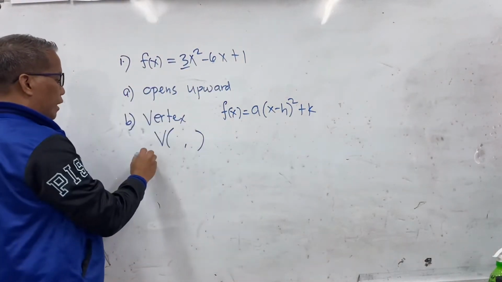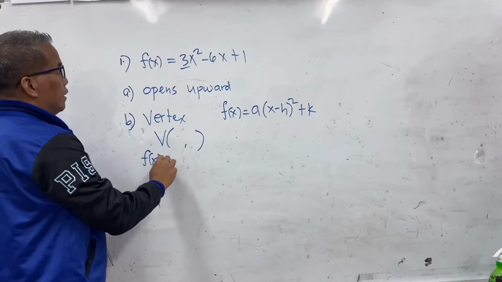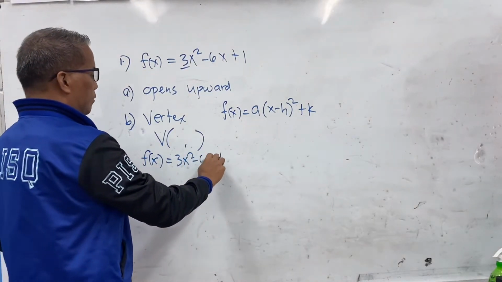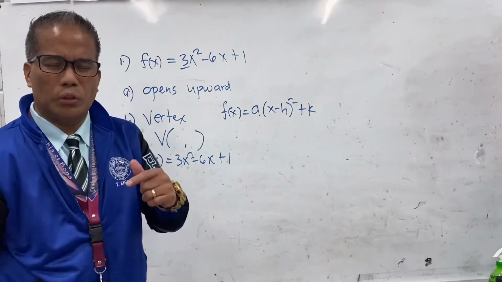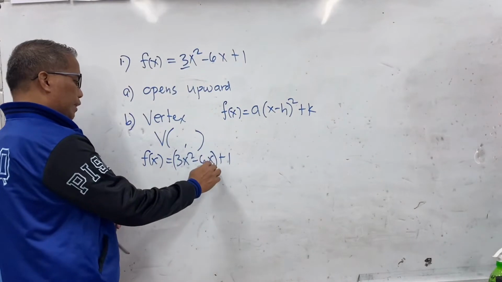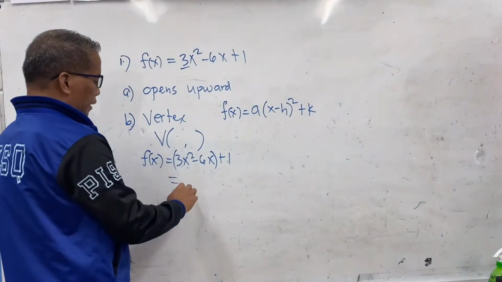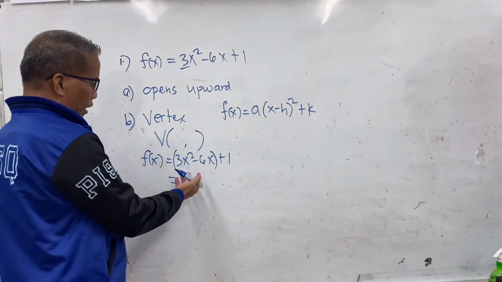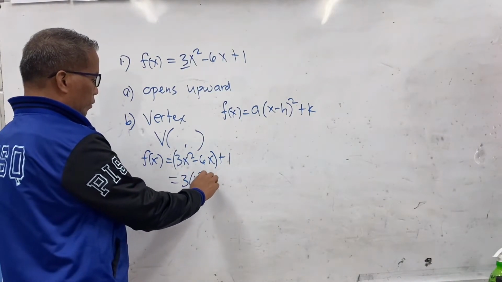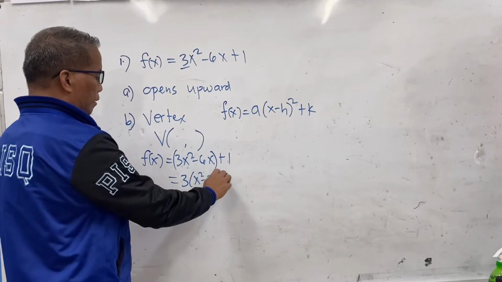So the solution will be like this. Just copy first: f of x is equal to 3x squared minus 6x plus 1. First thing to do is group the first and the second term. Then we need to factor this: 3 times x squared minus 2x, plus 1.